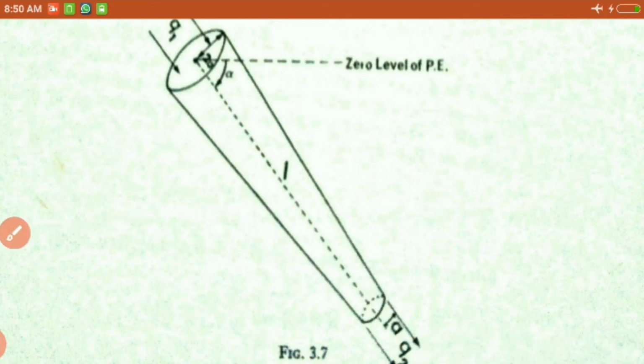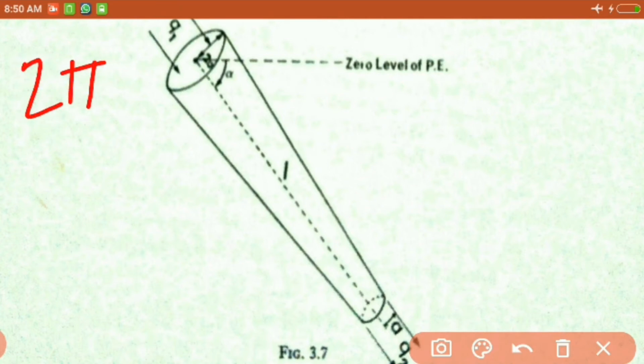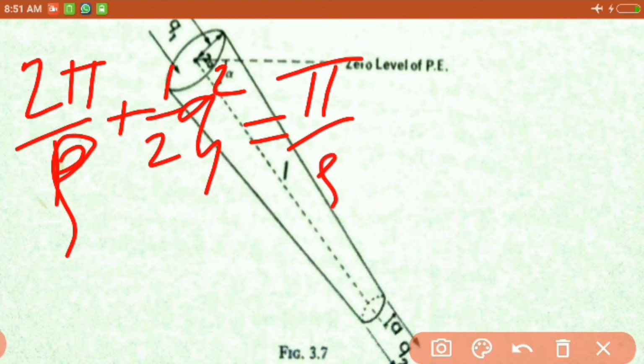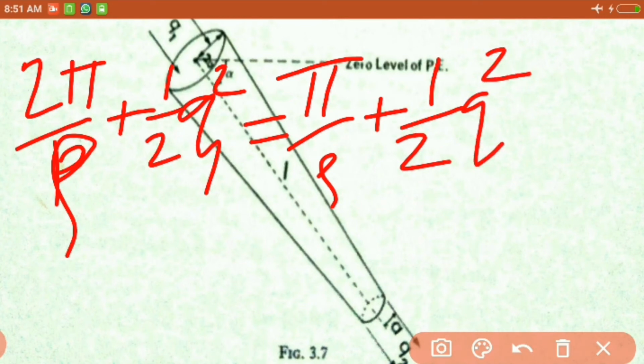Equation first is p2 by rho plus 1 by 2 q1 square is equal to p1 by rho plus 1 by 2 q2 square minus GL sin alpha.